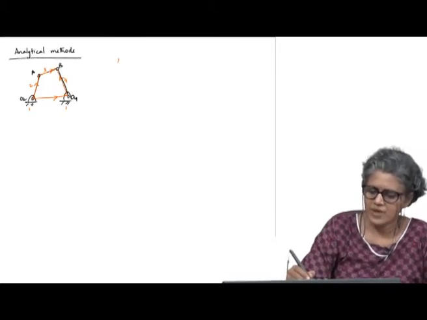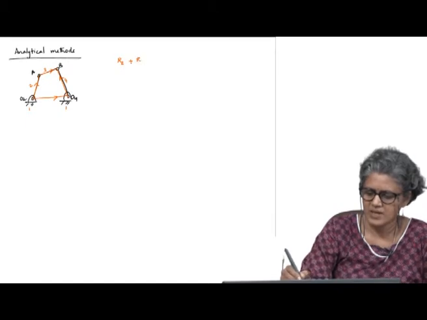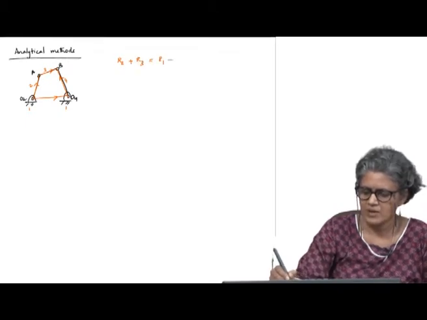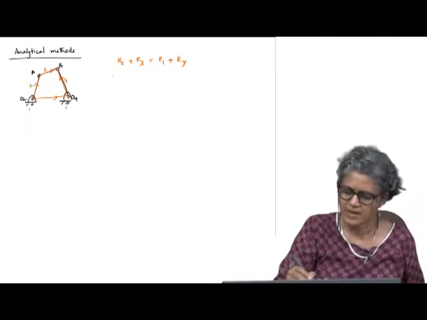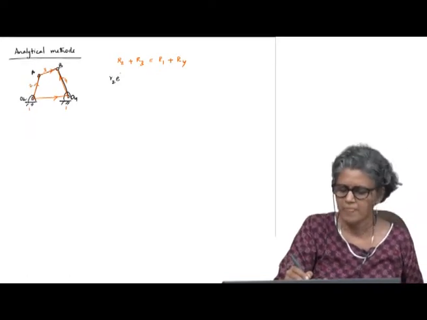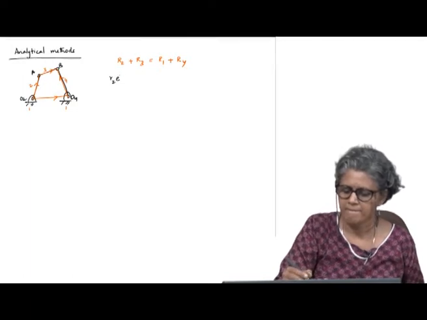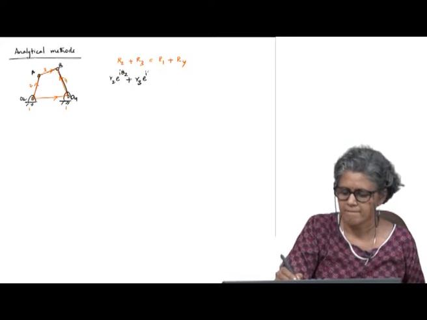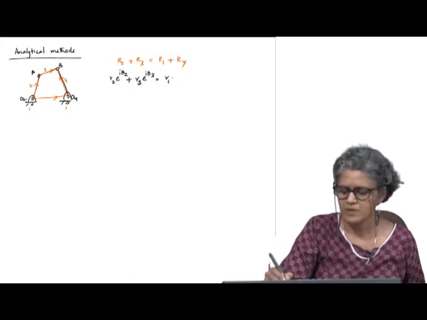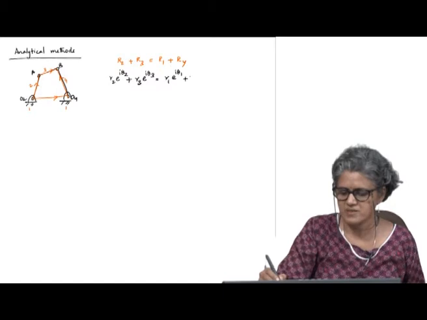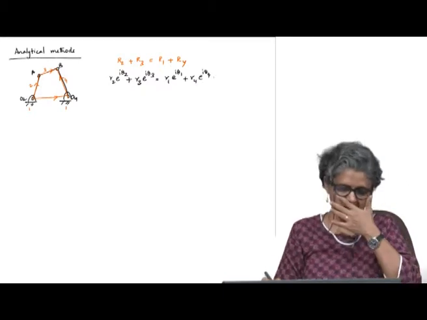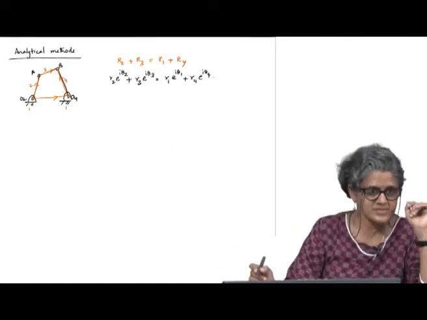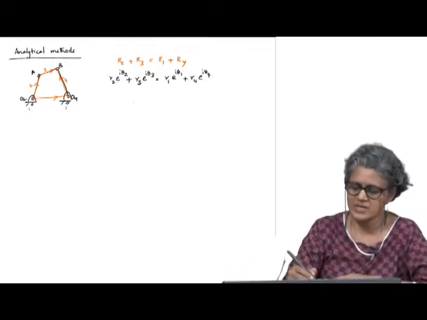Okay. So, I have R2 plus R3 equal to R1 plus R4, that is R1 e power i theta 1 plus R4 e power i theta 4. Assuming position analysis is done, you know all the r's and all the thetas.